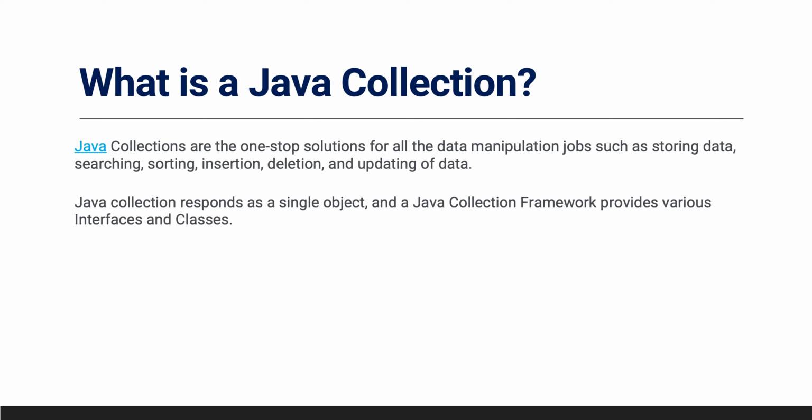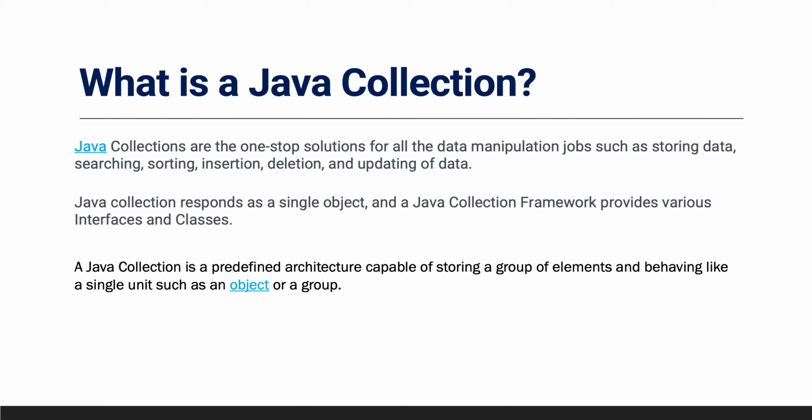A Java collection is a predefined architecture capable of storing a group of elements and behaving like a single unit, such as an object or group, similar to the array, but it has lots of facilities with the help of some interfaces and classes. We will see what interfaces and classes are available and how we can remove the drawback which we observed in case of the array.